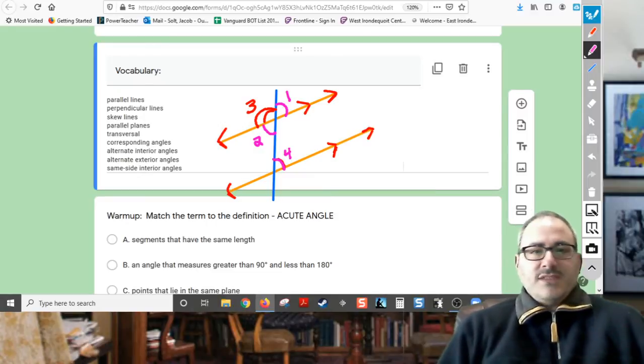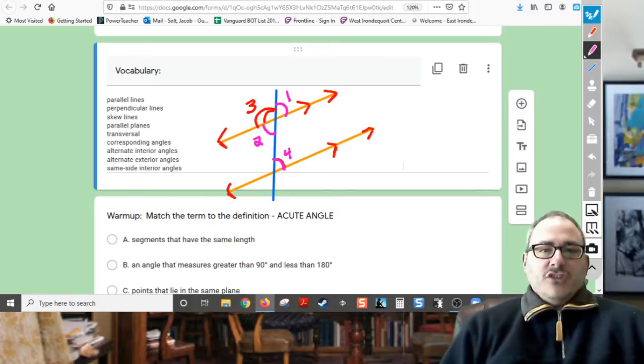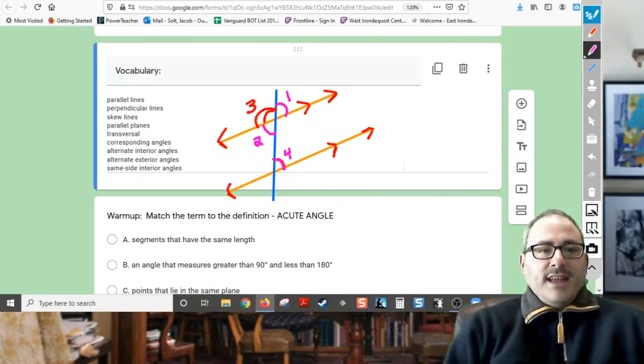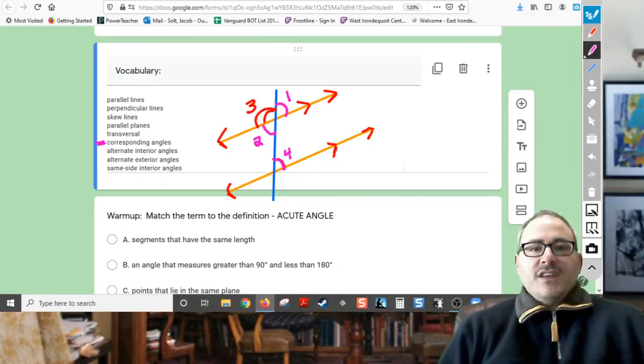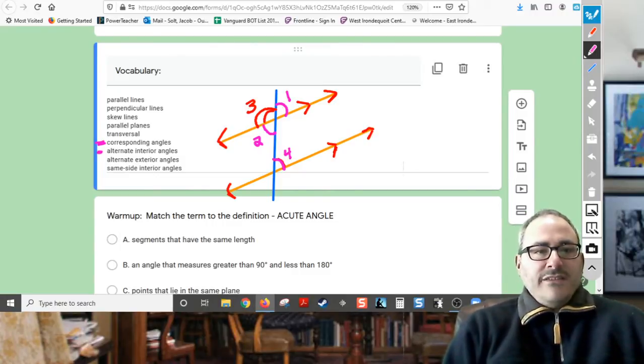I know it's out of order, but that's okay. Angle 1 and angle 4 have to also be the same measure, just like angle 1 and angle 2 are the same measure, because they're corresponding angles. They're both in the upper right-hand corner of where this transversal, the blue line, intersects with one of the parallel orange lines.